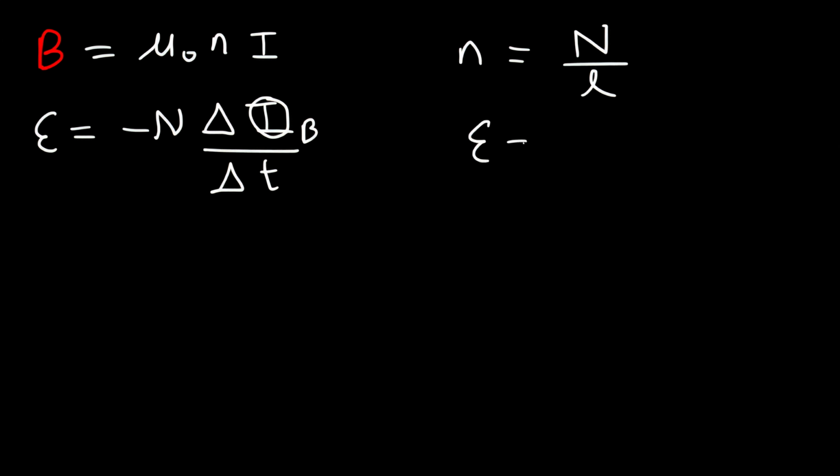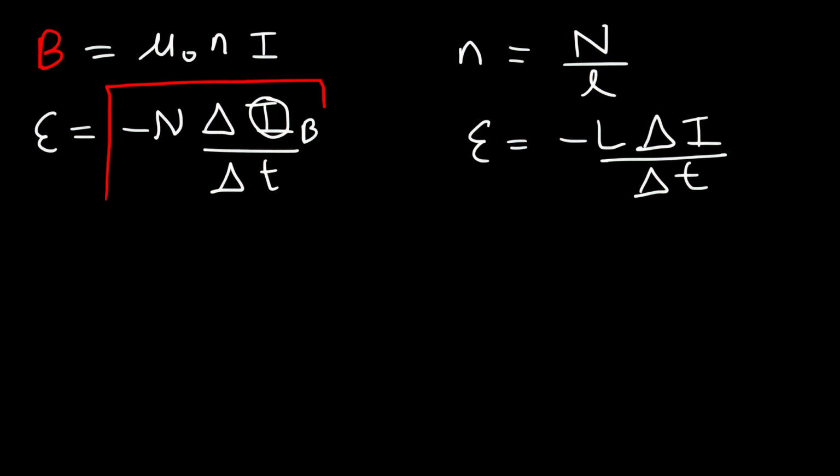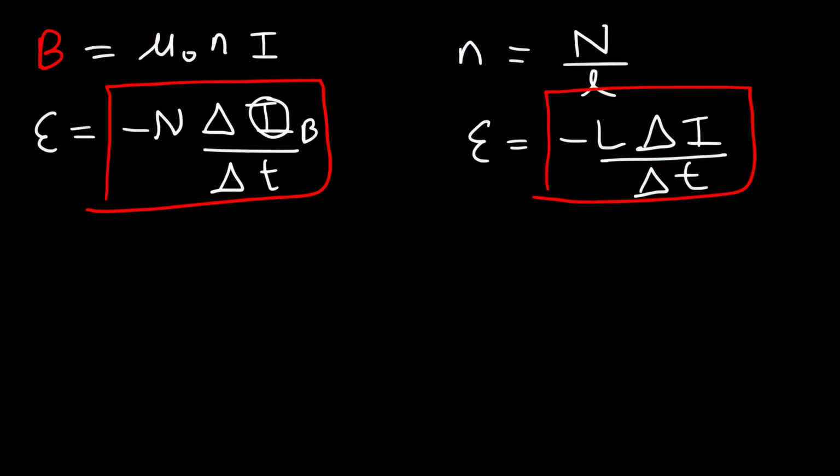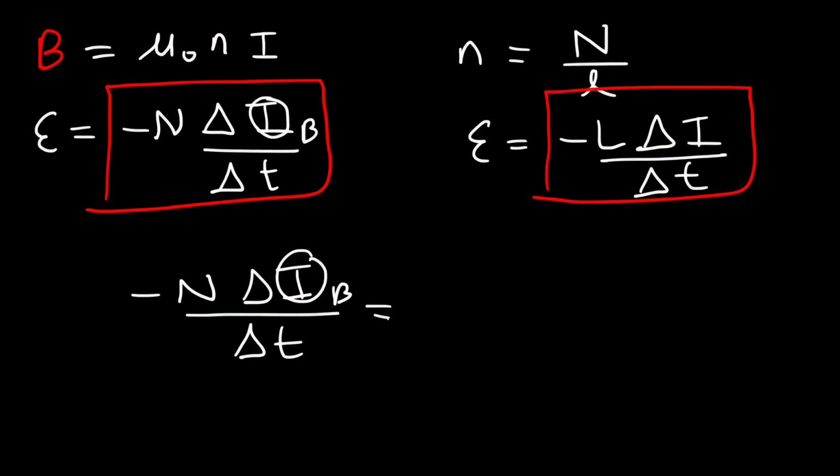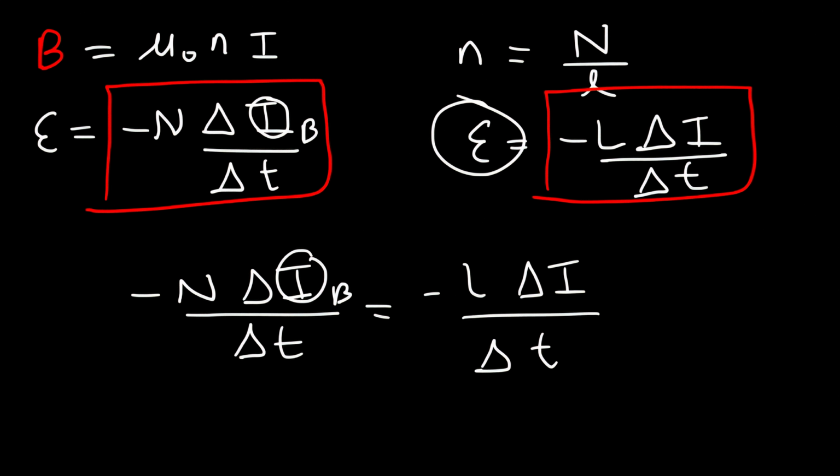Now we also said that the induced EMF is equal to negative L times the change in current divided by the change in time. So therefore, we can set these two equal to each other. So negative N delta magnetic flux over delta t is equal to negative L delta I over delta t, since they both equal the induced EMF. Now what we're going to do is multiply both sides by negative delta t.